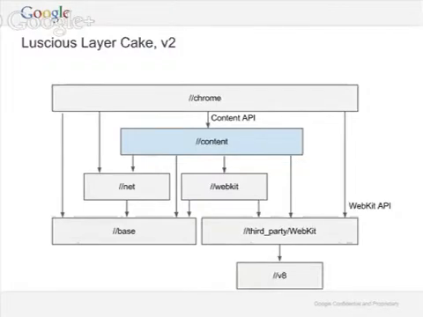Anybody can take that layer, embed it in their own, and create a very basic browser with no browser features, just HTML5. It has a well-defined API, so the Chrome layer can't really reach into the content layer much. It doesn't know everything about its implementation, so it's also easier for us to change the implementation a little without having to change Chrome. So this was much better in fact.